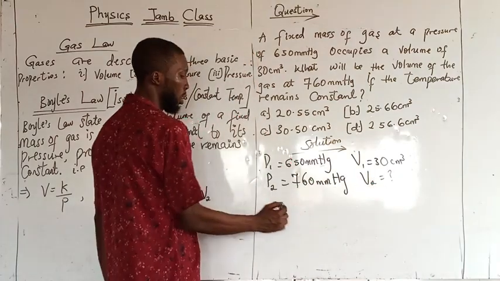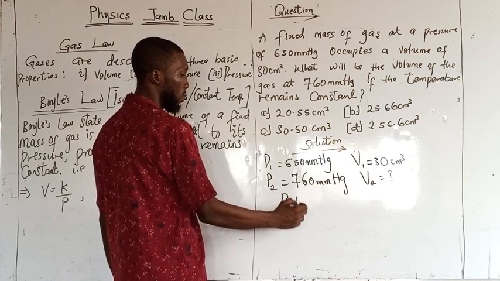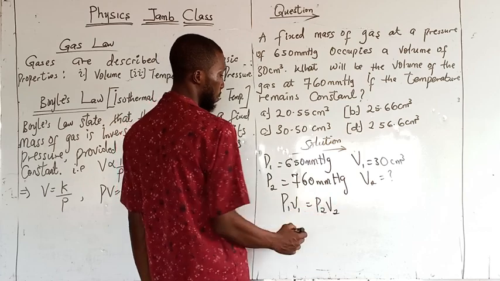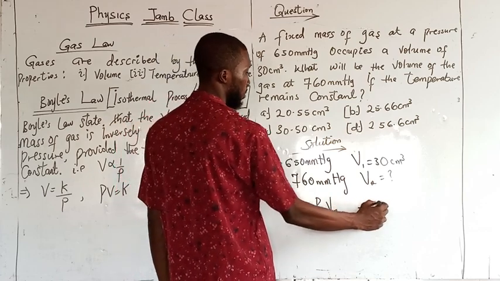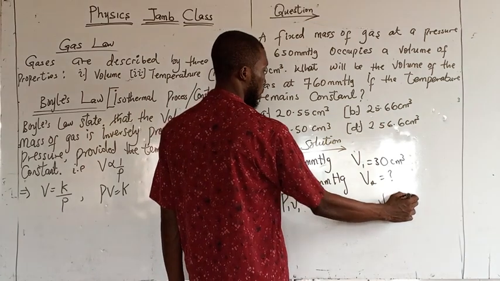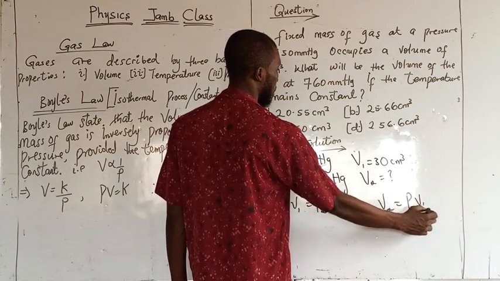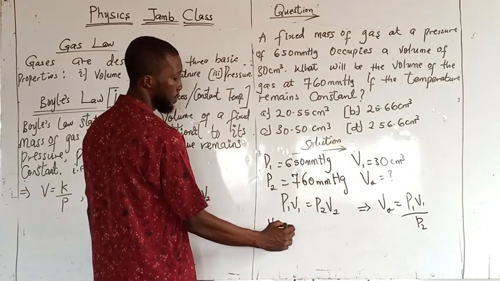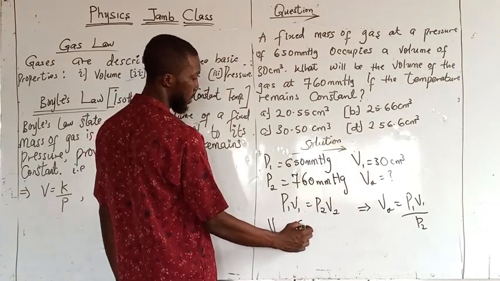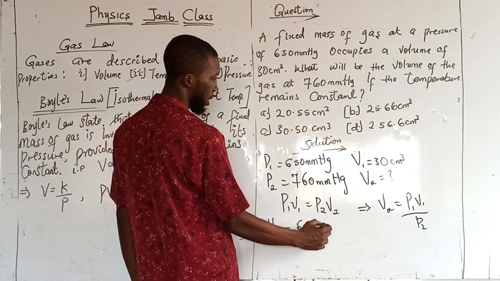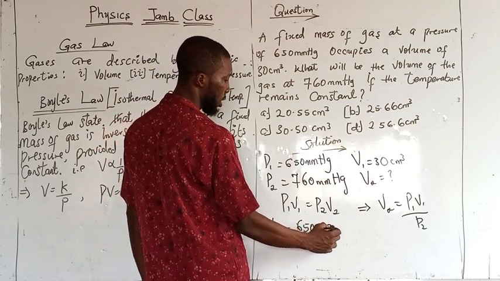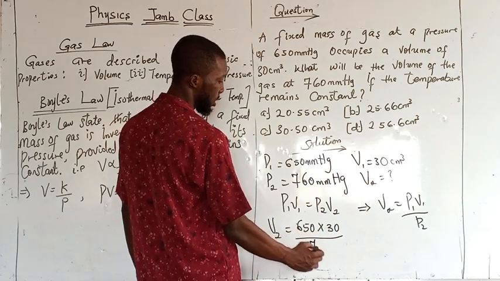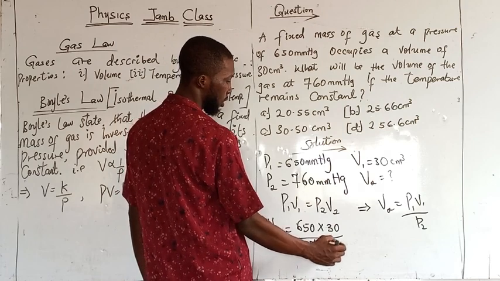So from Boyle's law, P1 V1 equals P2 V2, which simply implies that V2 will be equal to P1 V1 all over P2. So our P1 is 650 millimeters of mercury multiplied by V1, 30 centimeter cube, divided by P2, 760 millimeters of mercury.